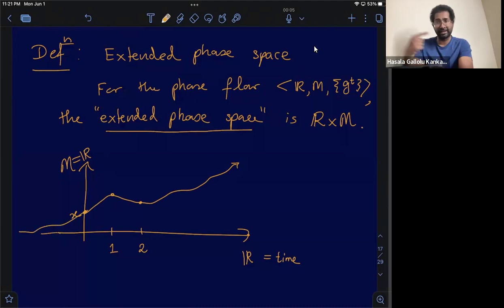Don't forget we have negative time direction under this consideration, right? When you consider R. So this is none other than that kind of trajectory. So you can have all of these trajectories considered when you consider the extended phase space.